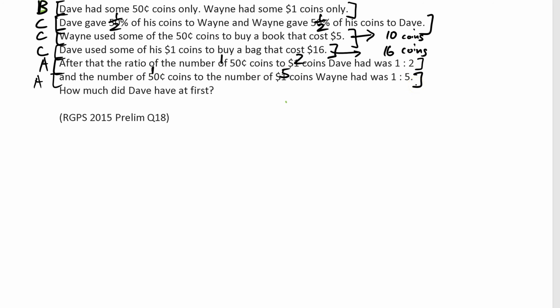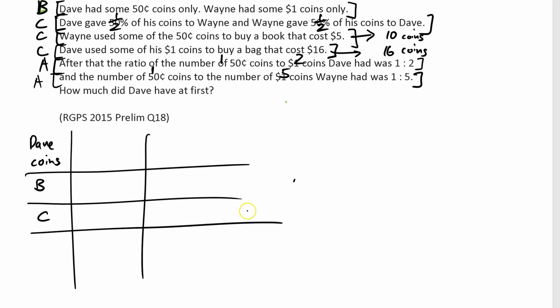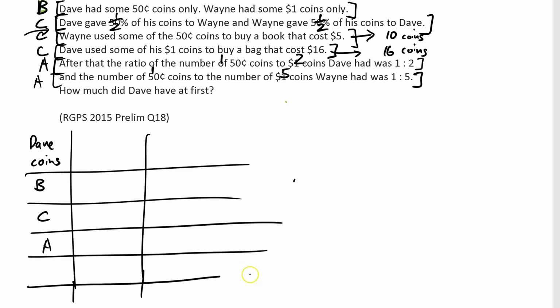Okay, how much did Dave have at first? So here you're talking about Dave's number of coins. Okay, you have before a change and after in between here. By right there should be an after in between here. If you put that after in between here, your life will be a lot easier. Then there will be another change and another after.